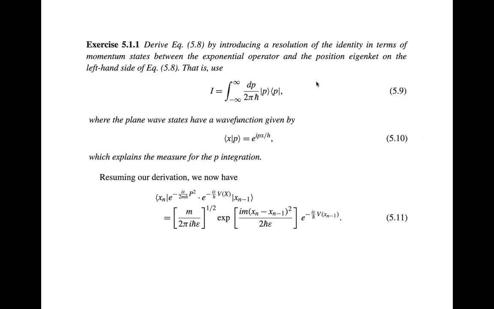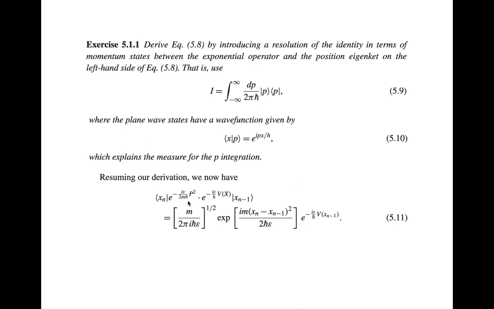So you insert the resolution of identity into this part, and this acts on that and becomes a C number, a complex number, and you can pull it out of the matrix element, and this operator acts on the momentum and becomes a complex number, and you can pull it out.